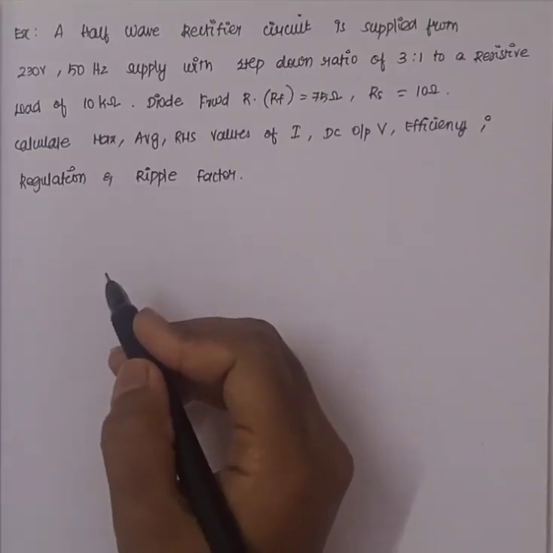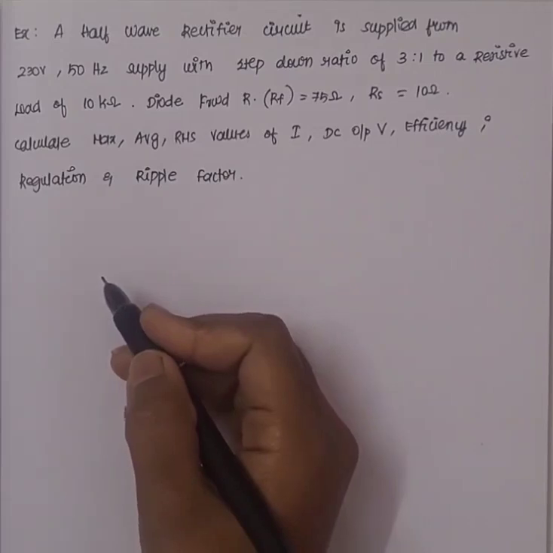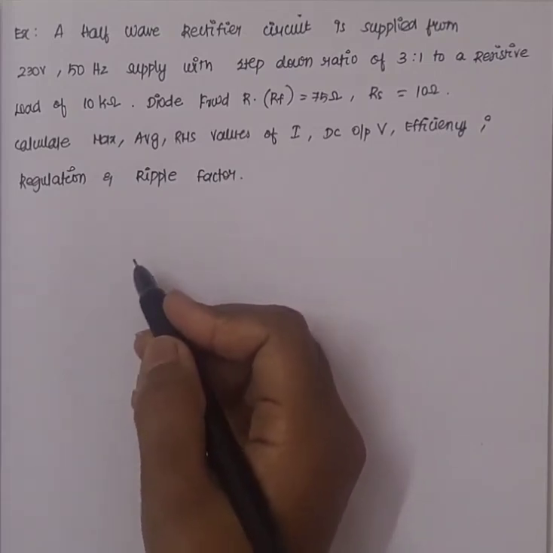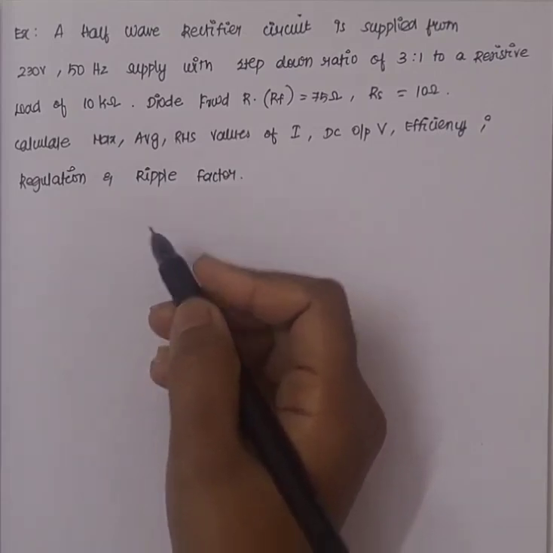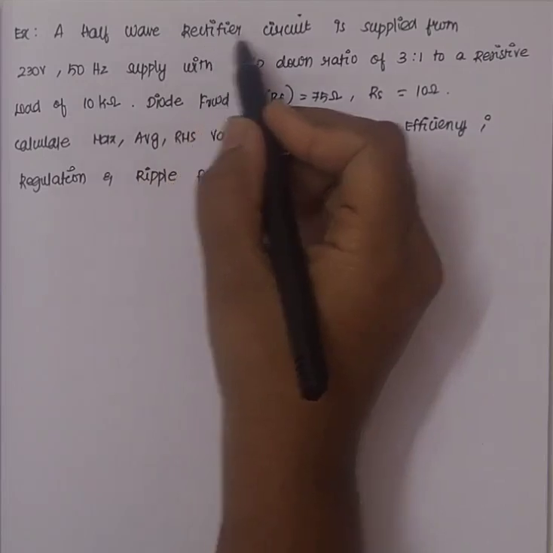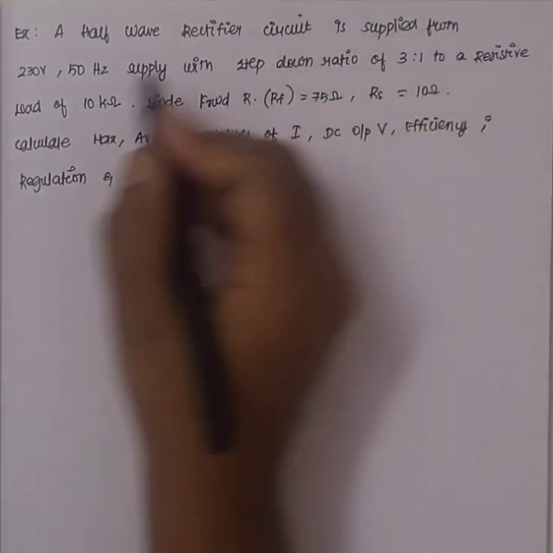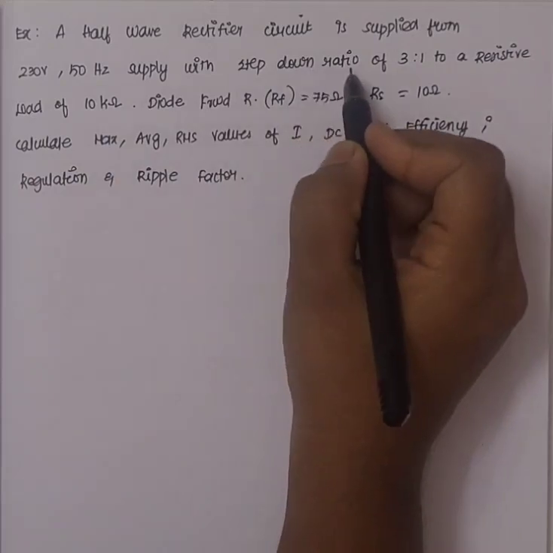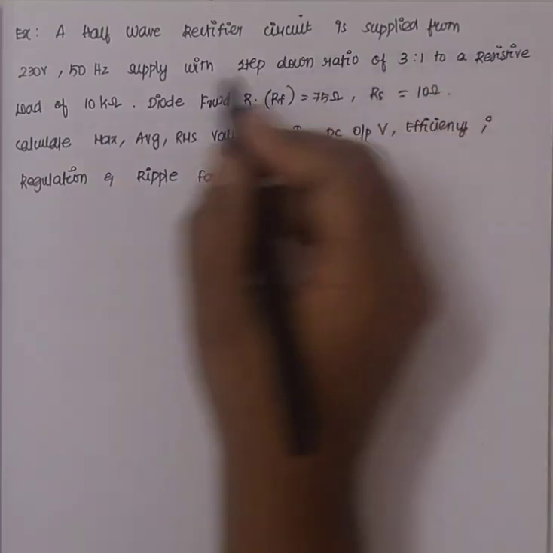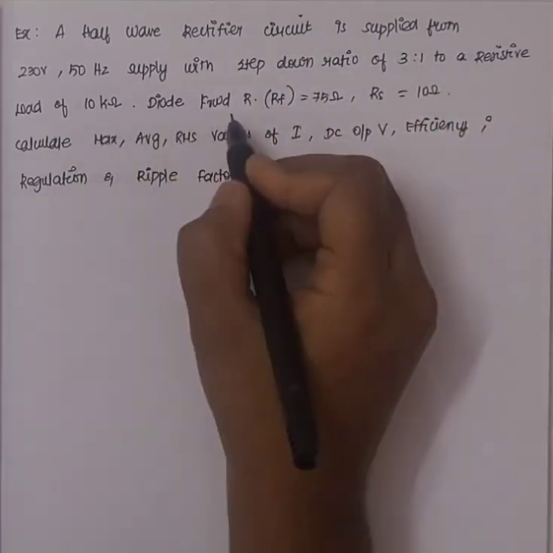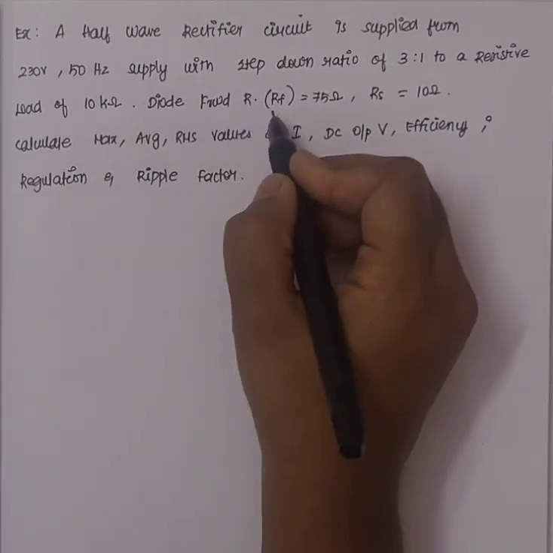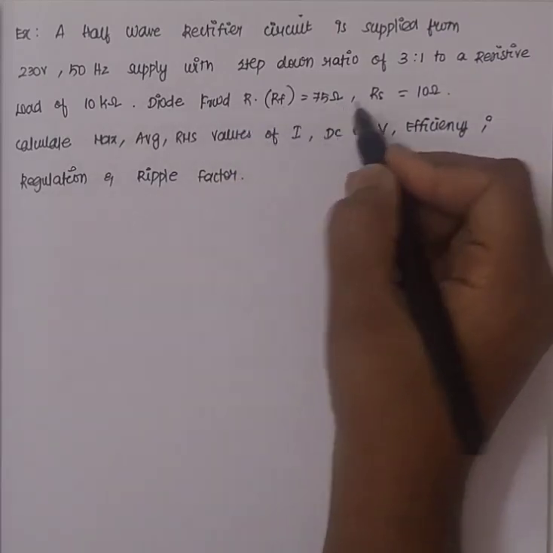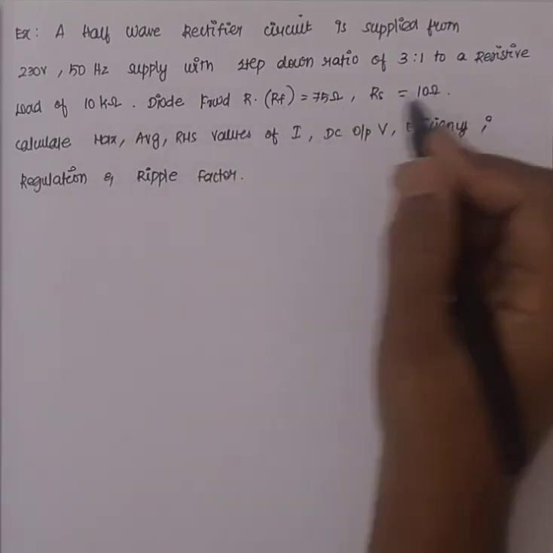Let us solve a problem in which we will calculate all the parameters we have discussed so far. The question is: a half-wave rectifier circuit is supplied from a 230 volt 50 hertz supply with a step down ratio of 3:1 to a resistive load of 10 kilo ohms. The diode forward resistance RF is equal to 75 ohms, RS is equal to 10 ohms.